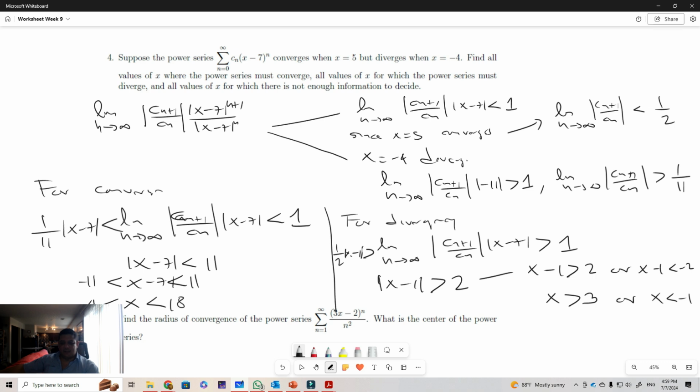Now this is telling me that if x is bigger than 3, it diverges, and if x is less than minus 1, there's going to be divergency as well.